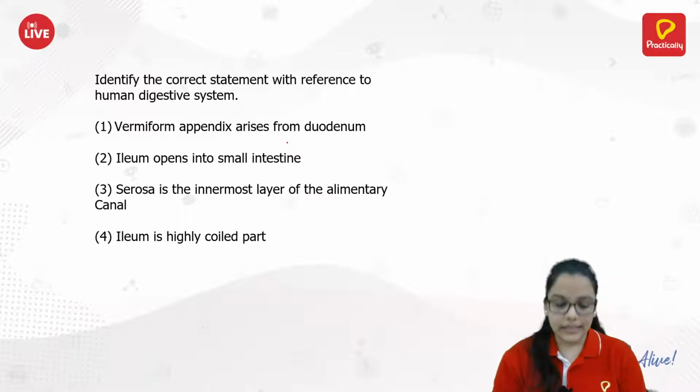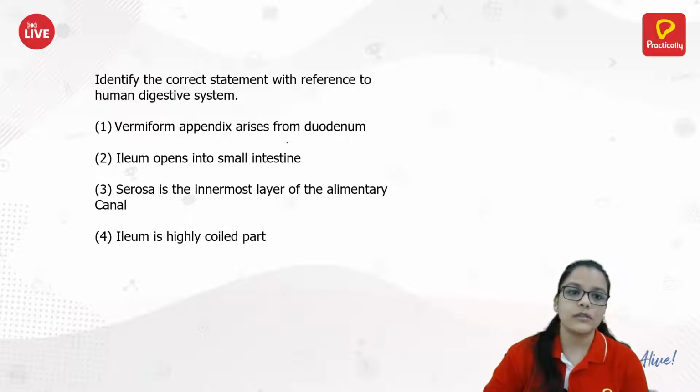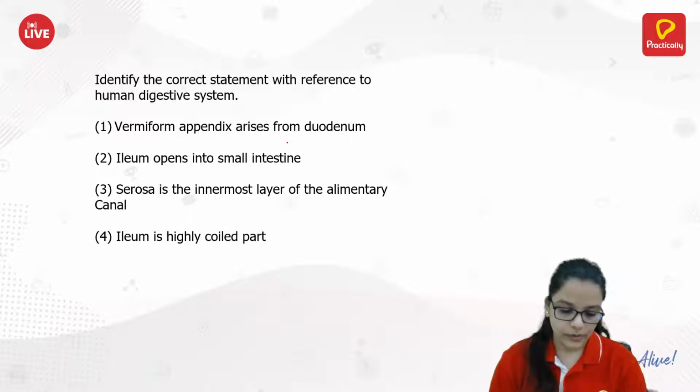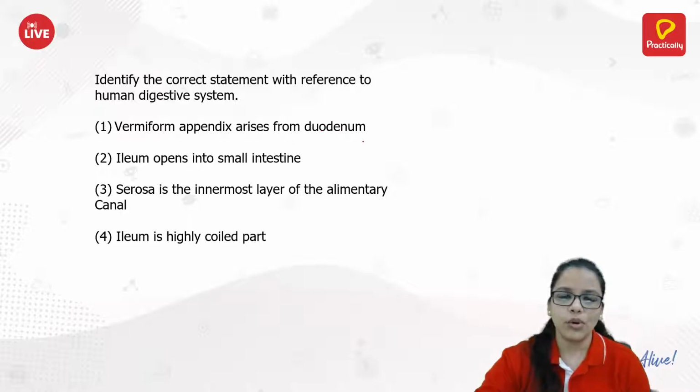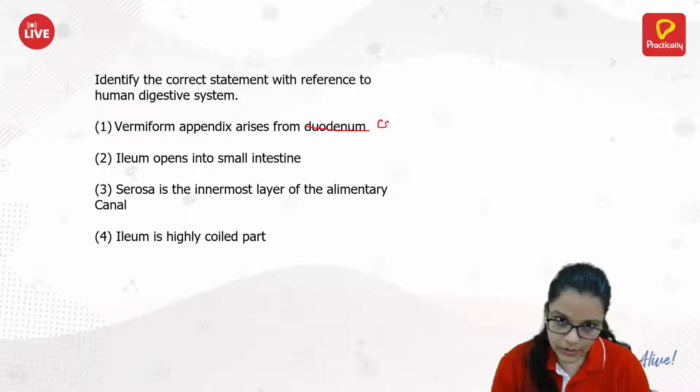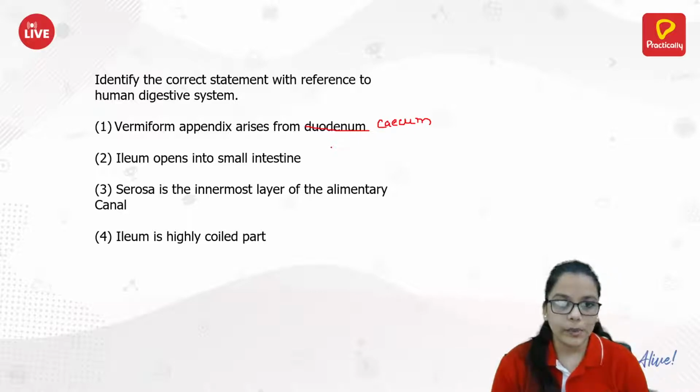Identify the correct statement with reference to the human digestive system. Vermiform appendix arises from the duodenum? No, the vermiform appendix arises from the cecum. Ileum opens into the small intestine? I don't think so.